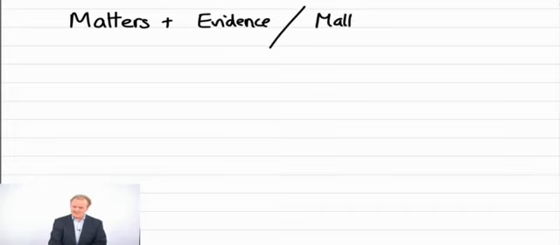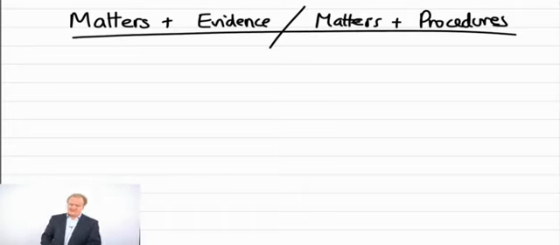Either matters and evidence, or maybe matters and procedures, which to a great extent are the same thing. Now, if it's a risk question, it will probably be matters plus procedures. Let me explain why.